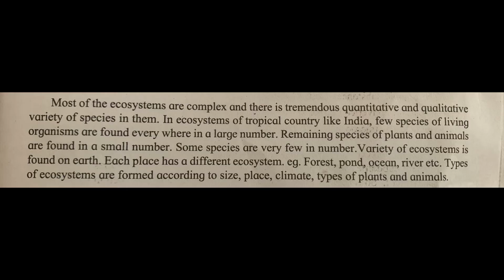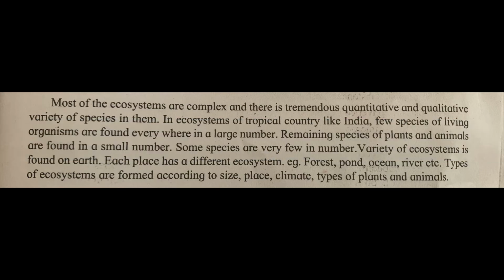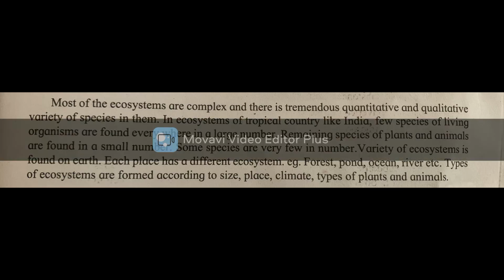Most of the ecosystems are complex and there is a tremendous quantitative and qualitative variety of species in them. In ecosystems of a tropical country like India, few species of living organisms are found everywhere in a large number. There are many types of plants and animals in our ecosystem.